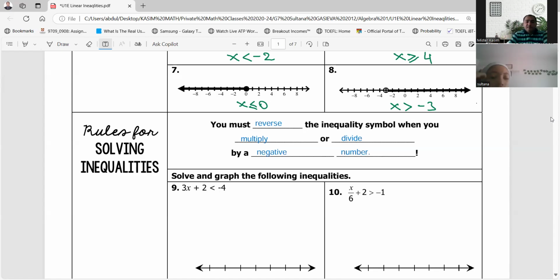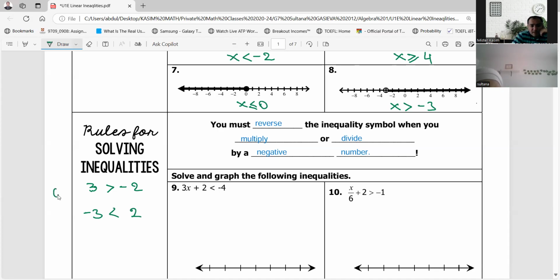For example, look, Sultana, we know that 3 is greater than -2, right? So what happens if you multiply both sides by -1? 3 times -1 is -3. -2 times -1 is 2, right? But now we know that -3 is less than 2. Why is it reversed?